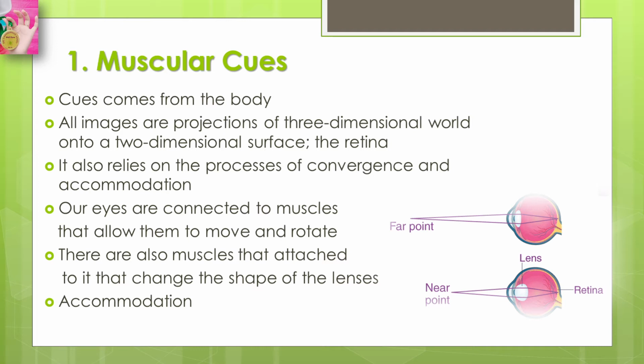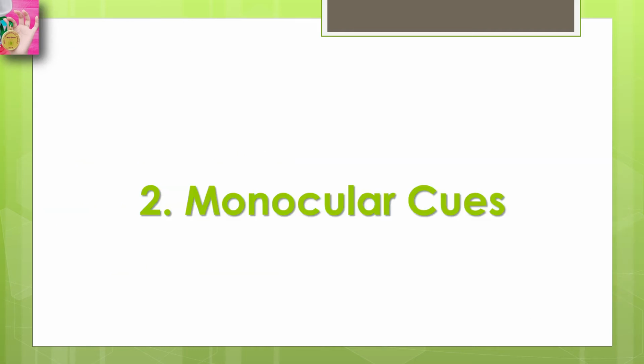Now, as we have discussed, just as with convergence, another physiological source of information for depth seems to be the relationship between the distance of an object and the accommodative processes of the lens. So this was all about the muscular cues, and now let's start with the monocular cues.